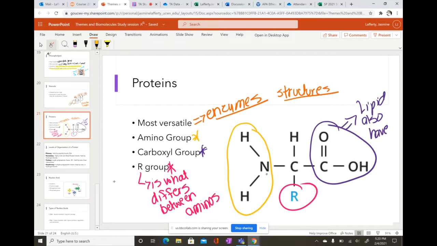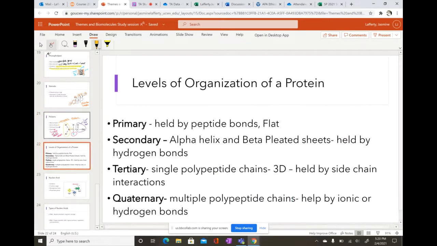So more than likely, if you see a nitrogen attached to a carbon directly, then you're talking about a protein. So an amino group is just a nitrogen with 2 hydrogens attached to a carbon. Okay, so it's very important that you know the overall structure of a protein or of an amino acid.